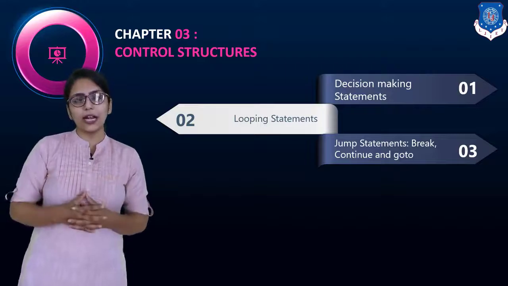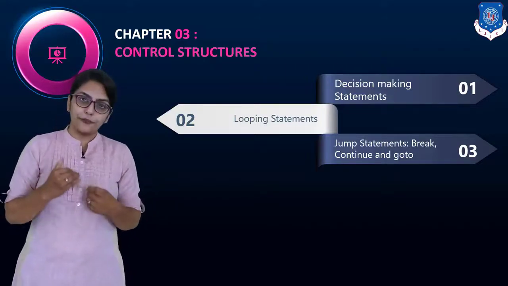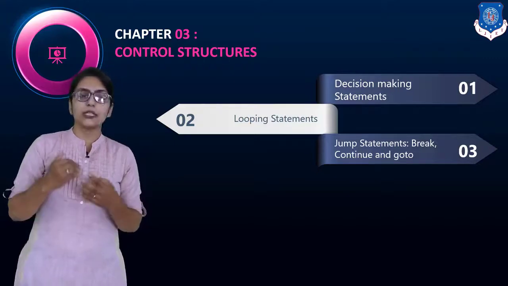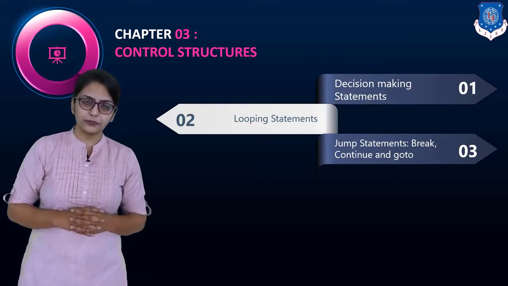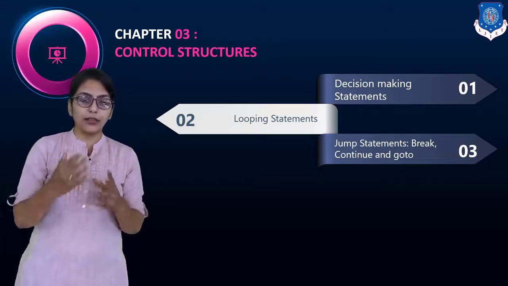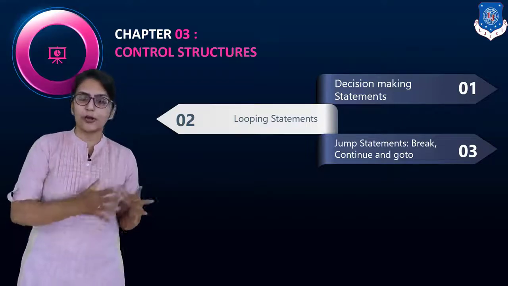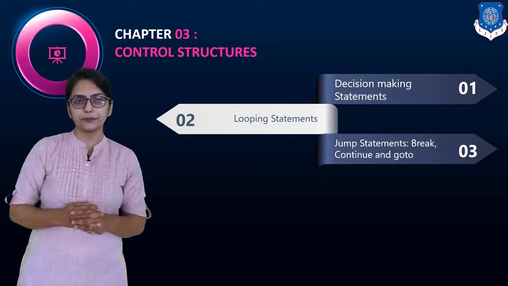Now we have so many kinds of decision making statements such as if else, else if, switch, nested if, etc. And where this kind of decision making statement is used, I am going to talk about each of these cases in detail in the particular video of that chapter.